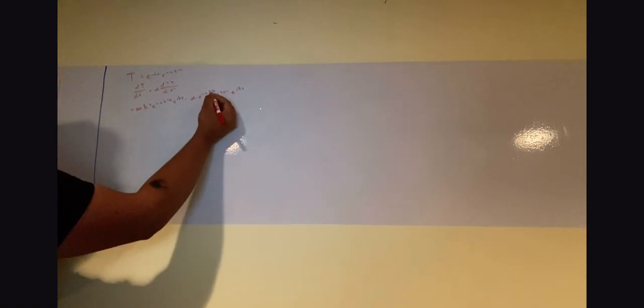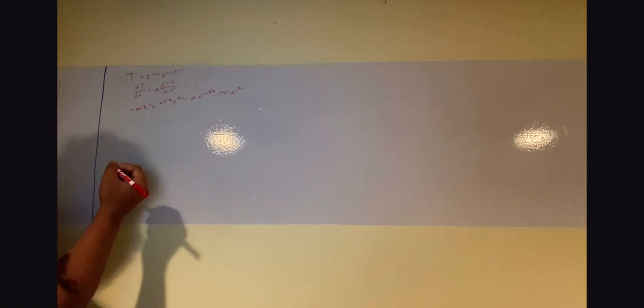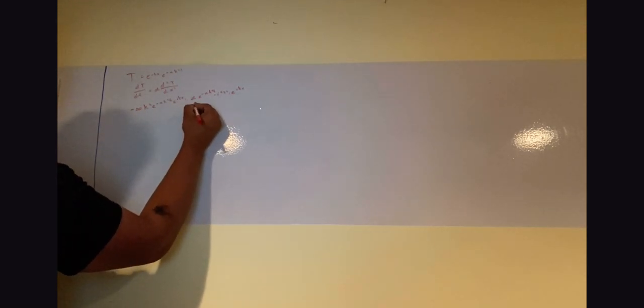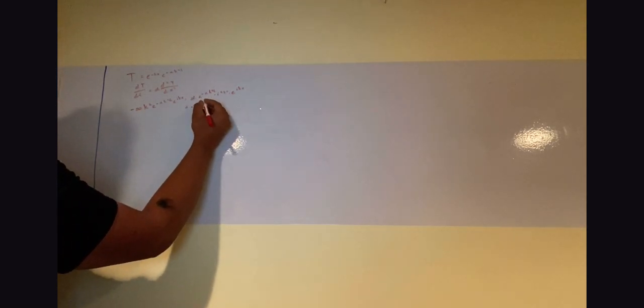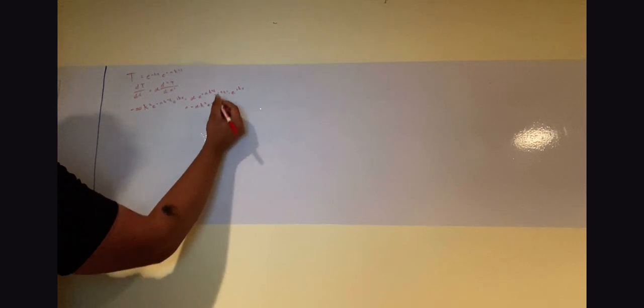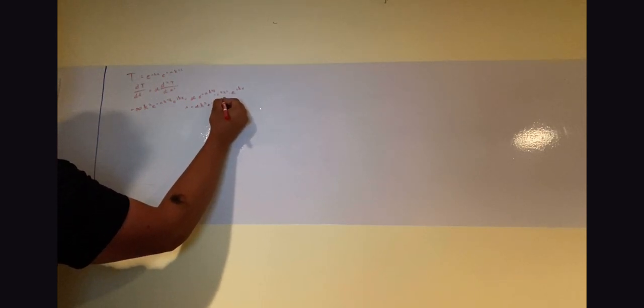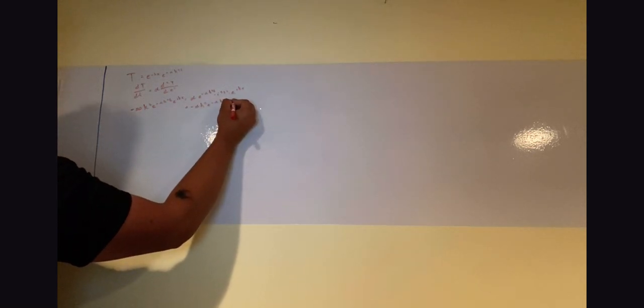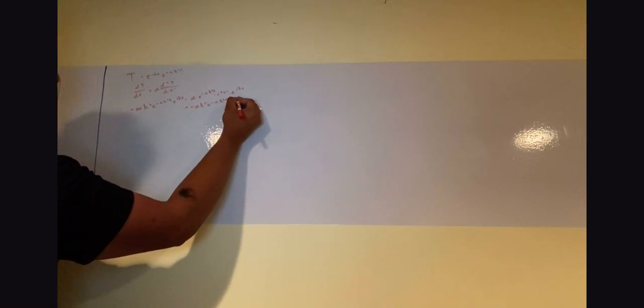All right, so if we take this derivative one more time, we will get negative alpha k squared e to the negative alpha k squared t multiplied by e to the ikx.